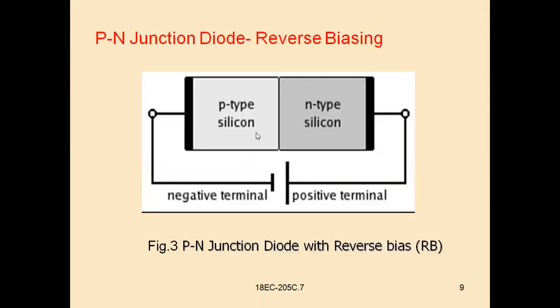Now let me tell the PN junction diode in reverse bias. This is the diagram.